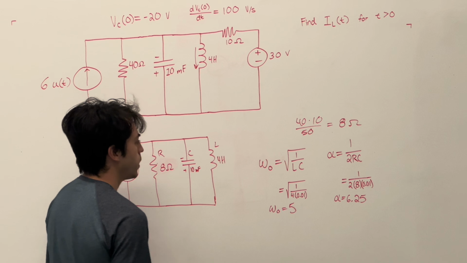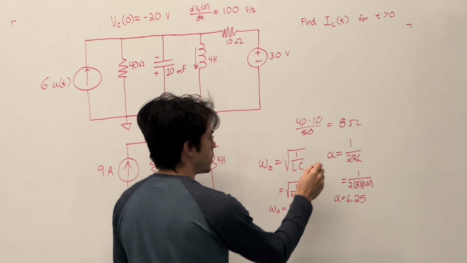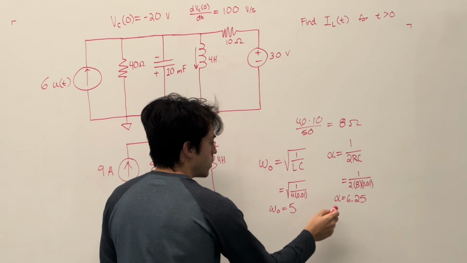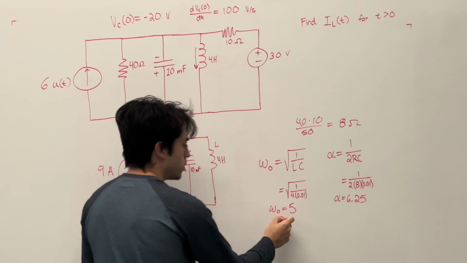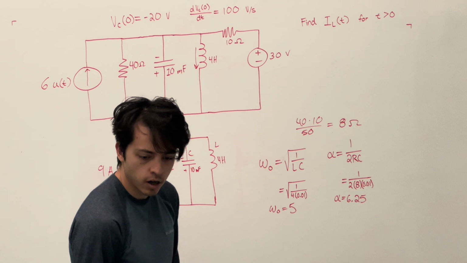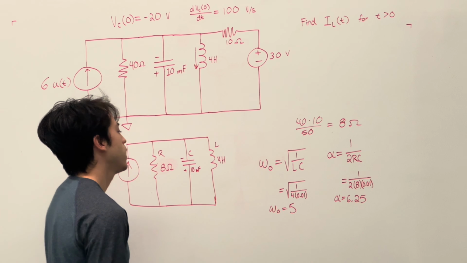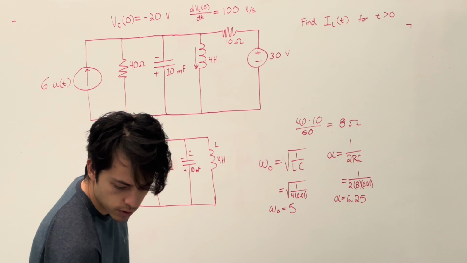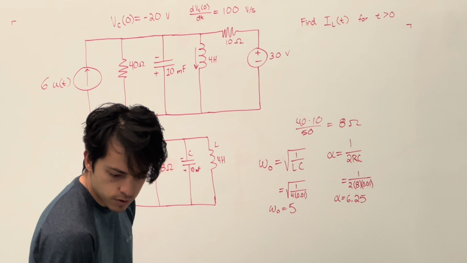Okay, so I went ahead and calculated our resonant frequency and the alpha, and we found that alpha is larger than omega naught. So this would entail that our circuit is overdamped.